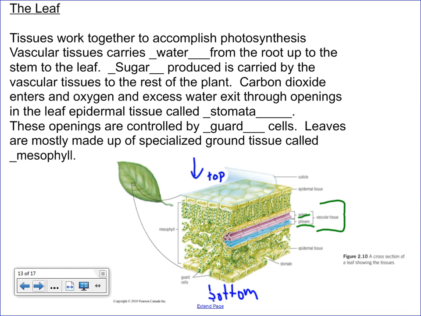So those stomata and those guard cells we find at the bottom, and they basically create a ring at the bottom of the leaf, and they can open and close to allow in CO2 and will release oxygen gas.